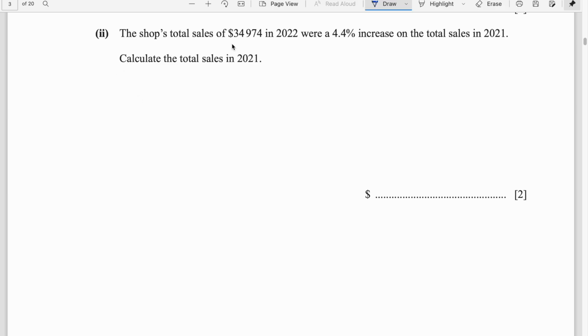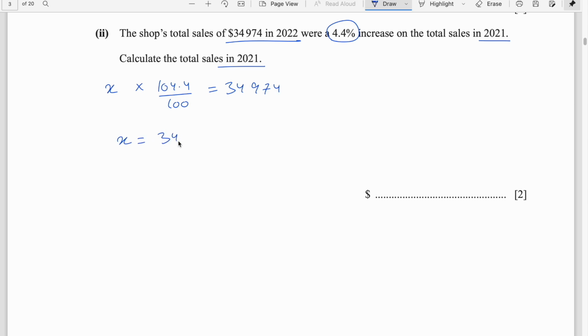The shop's total sales of 34974 in 2022 were a 4.4% increase on the total sales in 2021. Calculate the total sales in 2021. So if they were X and we are making an increase of 4.4%, that means 104.4 by 100, making it to a new price, that is 34974.